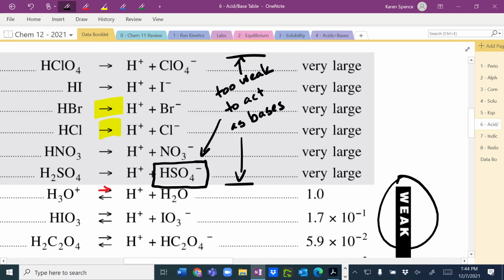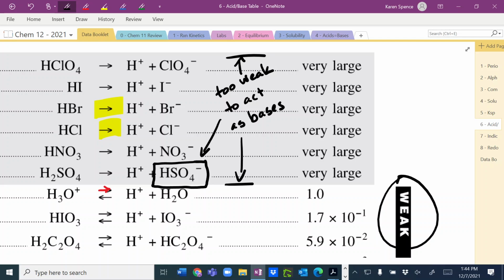So, although HSO4 minus physically meets the criteria, in actual fact, it cannot act as a base. So HSO4 minus is an exception in that it is not amphiprotic.